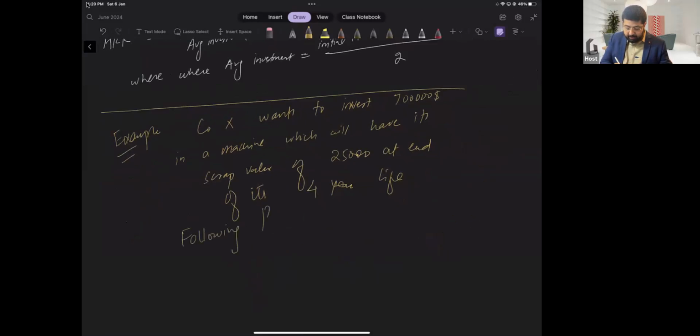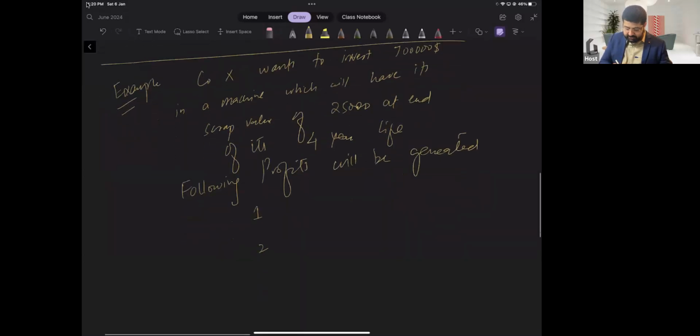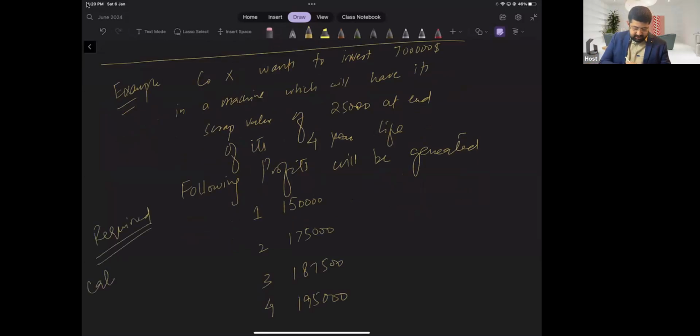The following profits will be generated. Year 1, year 2, year 3, and year 4: 150,000, 175,000, 187,500, 195,000. Required: calculate the accounting rate of return of the project.